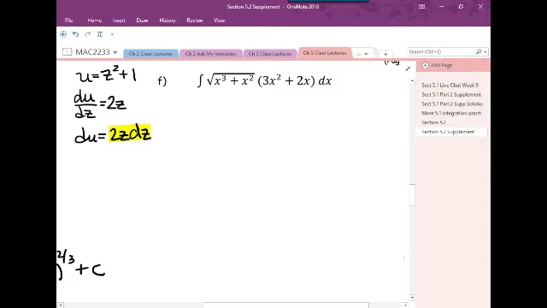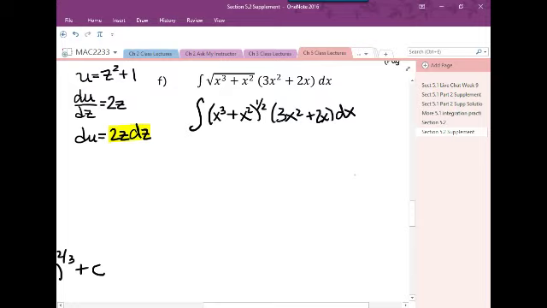Okay, so here's another one. Once again, it has a radical in it. When you have a radical, you want to think of it as a power. So immediately rewrite it as the integral of x cubed plus x squared to the 1/2 power times 3x squared plus 2x dx.